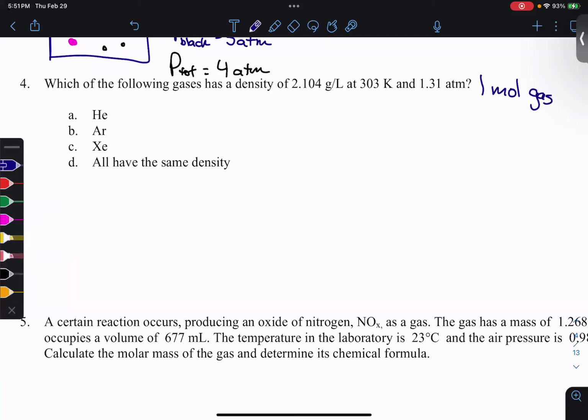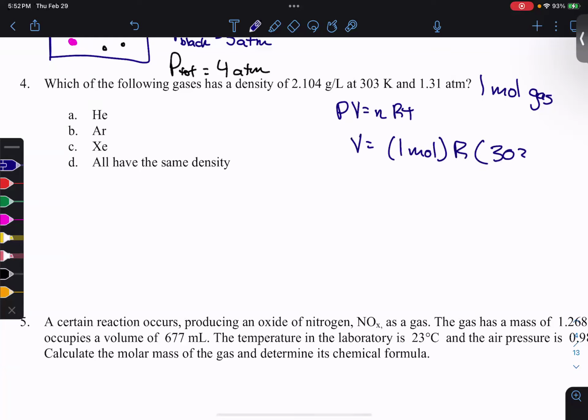You assume, let's start with 1 liter of gas. I'm going to assume, let's start with 1 mole of gas, because that number is very easy inside PV=nRT, right? n is 1, that's easy. With that information, I can calculate the volume 1 mole of gas occupies. So what's my temperature? 303. And then our pressure is 1.31 atmospheres.